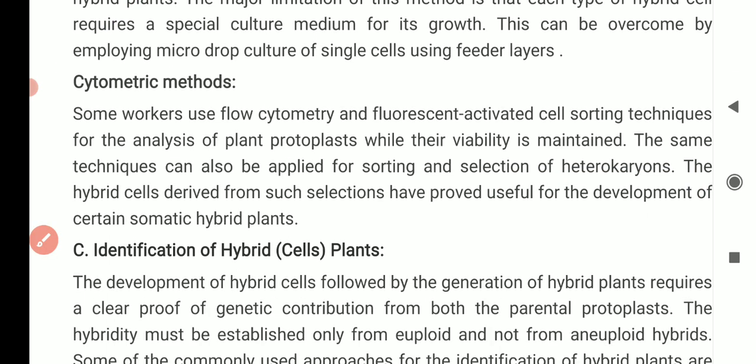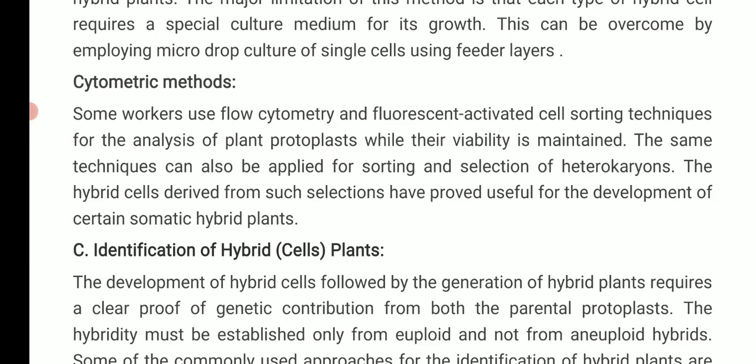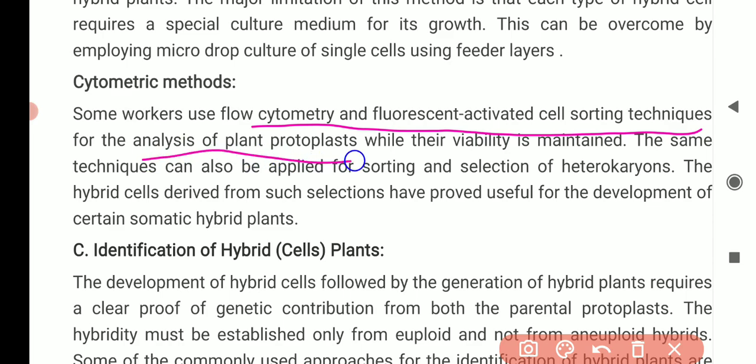Then the cytometric method. They use flow cytometry and fluorescent activated cell sorting techniques for the analysis of plant protoplasts while their viability is maintained.